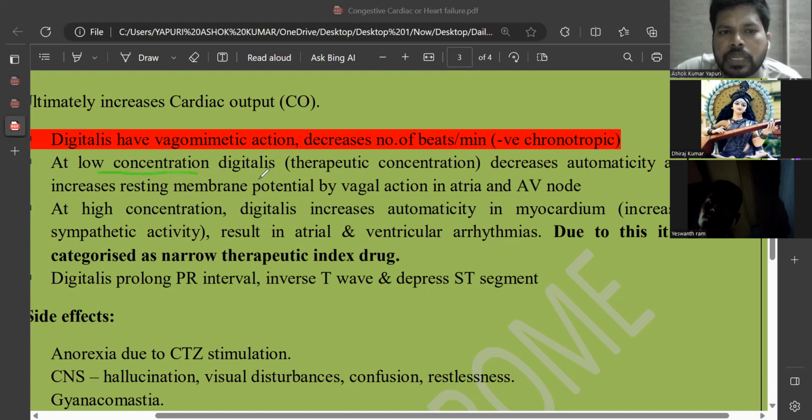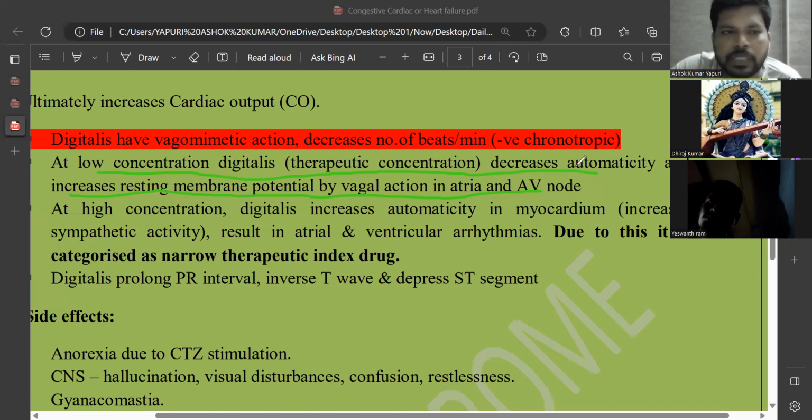So at low concentration, digitalis decreases automaticity and increases resting membrane potential by vagal action in the atria as well as the atrioventricular node. So it decreases the automaticity of the heart and increases resting membrane potential by increasing vagus nerve action. As I already told you, when the vagus nerve is stimulated, acetylcholine is released, and acetylcholine decreases beats in the heart. So at a therapeutic dose, at initial concentration, it shows good, beneficial effects.